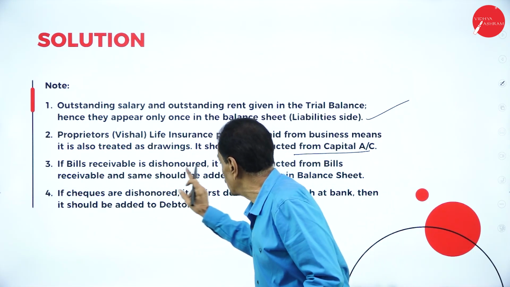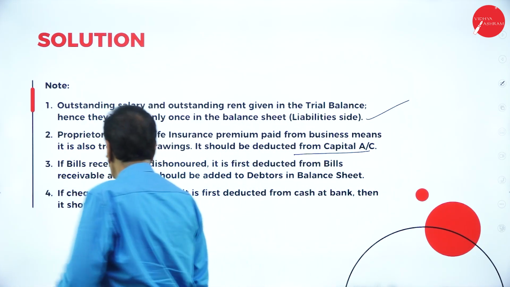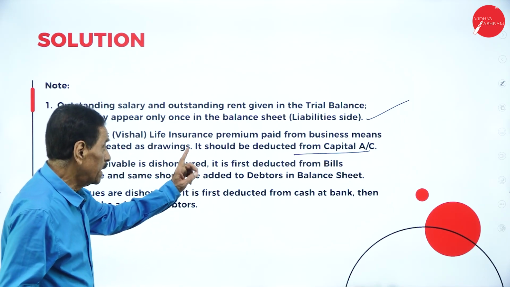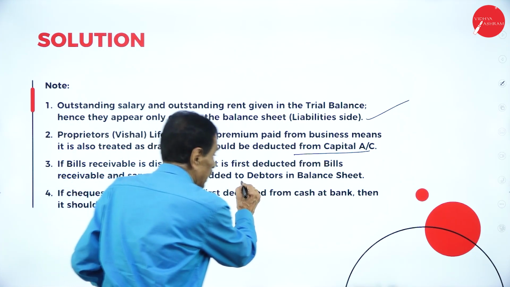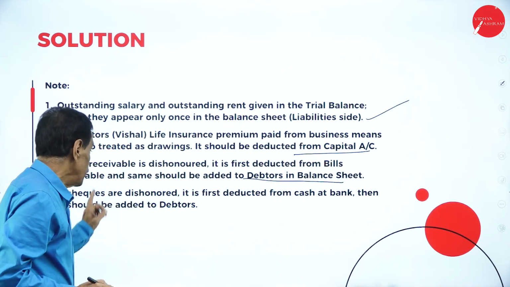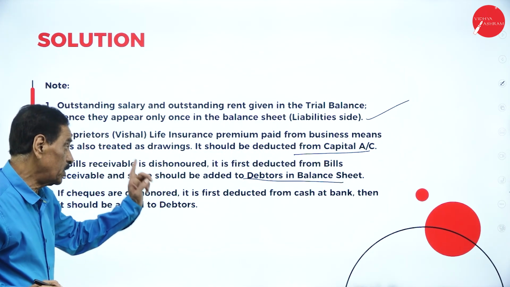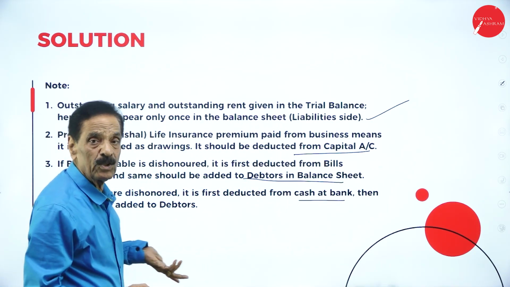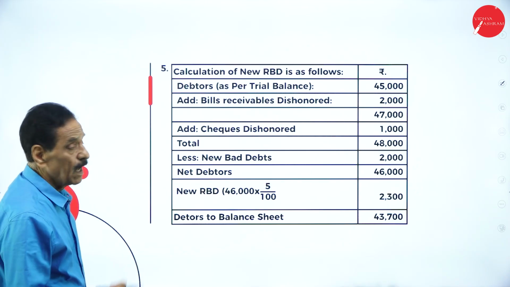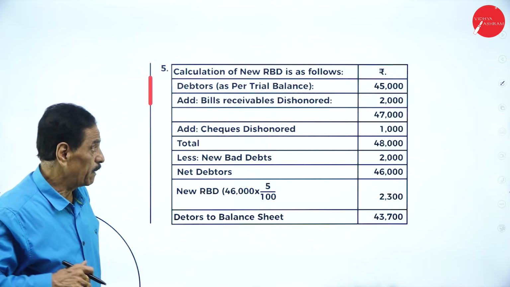If BR is dishonored, I already told you, it is first deducted from BR and the same should be added to debtors in the balance sheet. If a cheque is dishonored, first it should be deducted from cash at bank and then added to debtors. Now, how to calculate the new RBD?